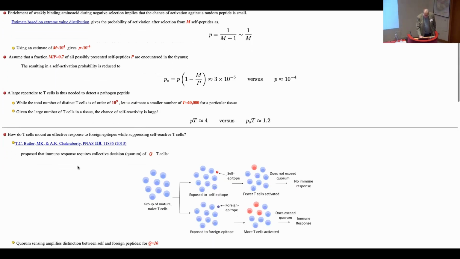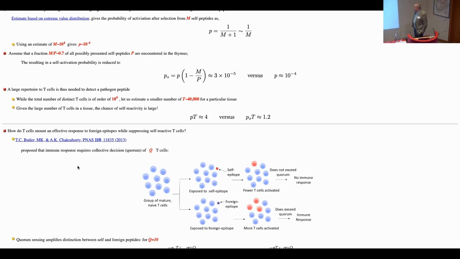Okay, now, if they encounter a self-peptide, the chance that they react to that is not 0. It is just reduced from this 10 to the minus 4 because some fraction of the self-peptide they have already seen in the thymus and not reacted to that.